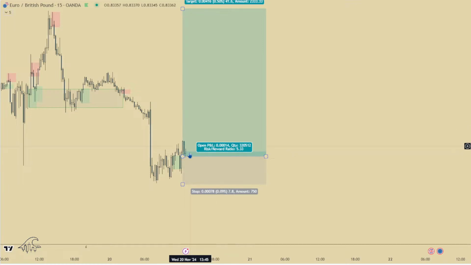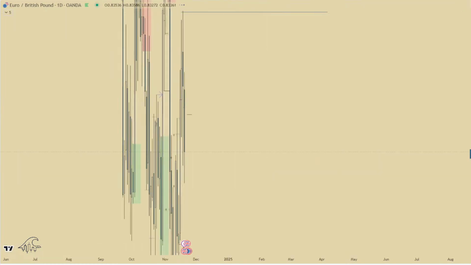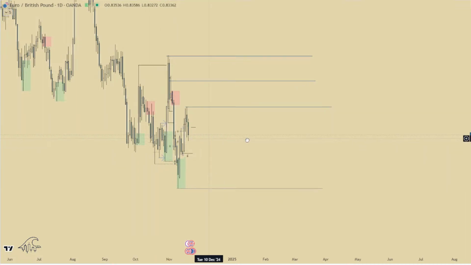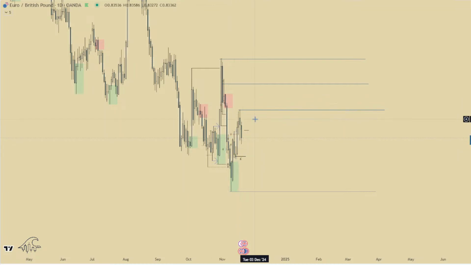Now, points to keep in mind is that we were bearish on this and we've gone bullish after sweeping out the lows. So there is potential this could open up a new bearish move, but at the same time, it doesn't matter how we feel. We follow the principle that's being delivered to us.